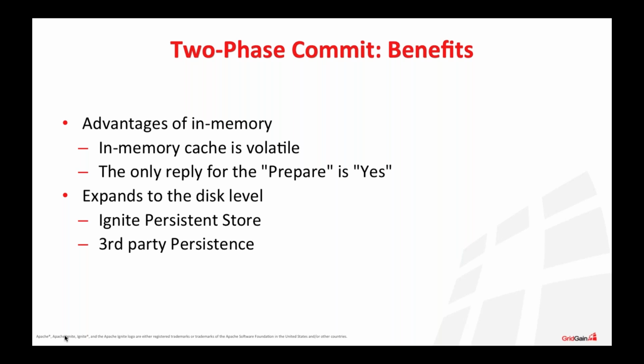So we may, for example, be reading and writing from the Ignite persistence store, or some kind of third-party persistence. It could be a relational database, for example, NoSQL, something else. In some cases, we need to think carefully about what the behavior is in those environments. And again, we've got some graphical images a little bit later on to show you how we deal with the situation where we've got, for example, a relational database.